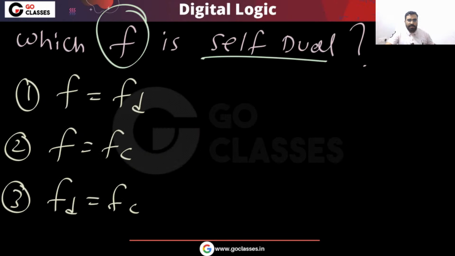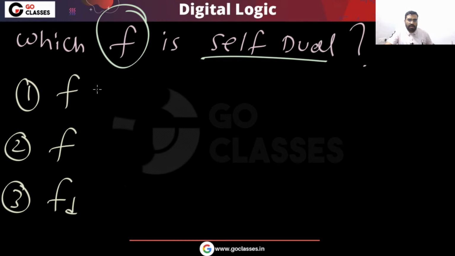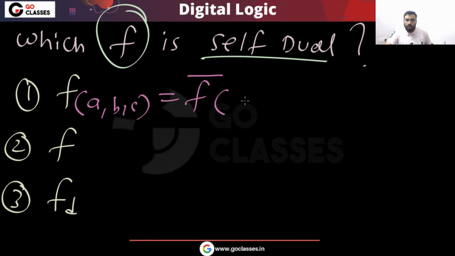Okay, tell me about this one, which function is self dual? Some more questions. Is this function self dual? If I say f(a, b, c) is the same as f complement of (a bar, b bar, c bar), is this self dual?